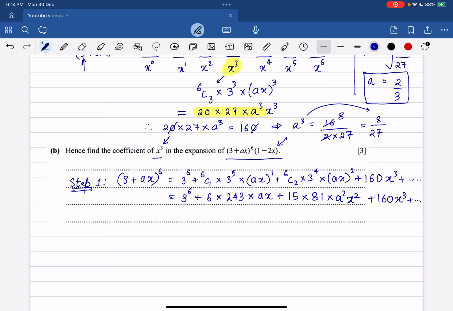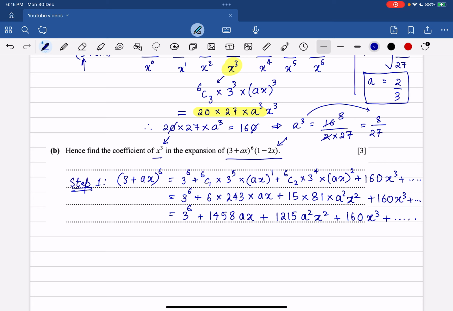So my final expansion for this one should be 3 raised to 6 plus 6 times 243 gives me 1458 ax plus 15 times 81 is 1215 a squared x squared plus 160 x cube plus dot dot dot. Yes.